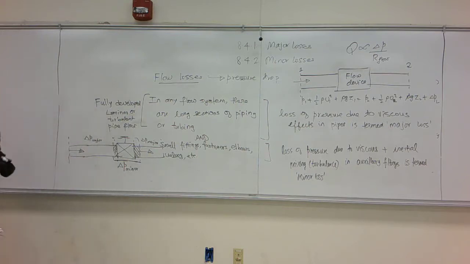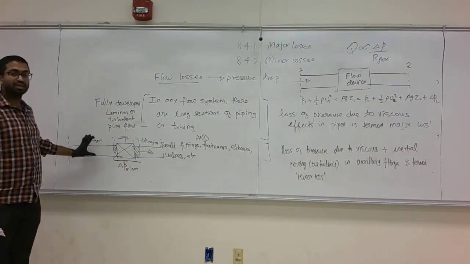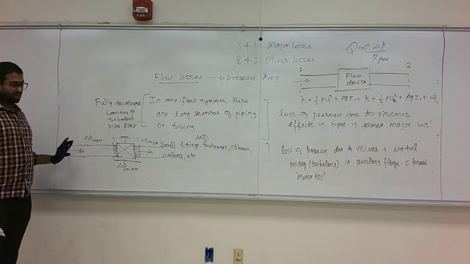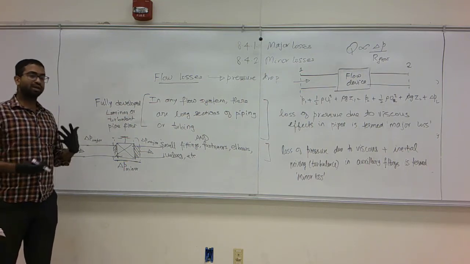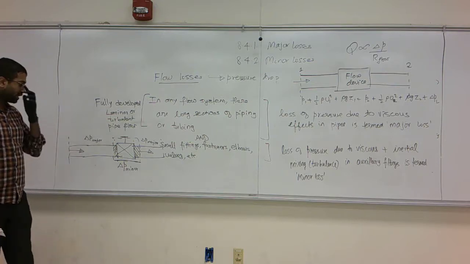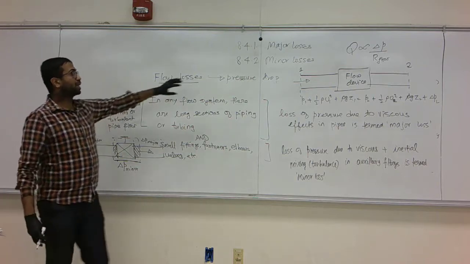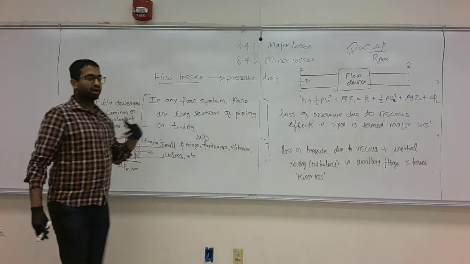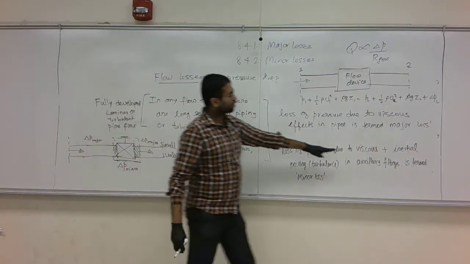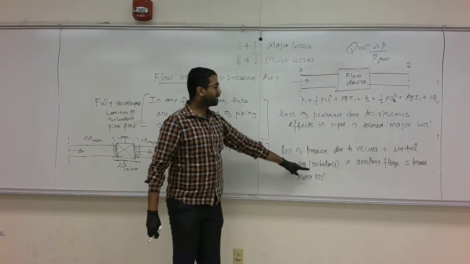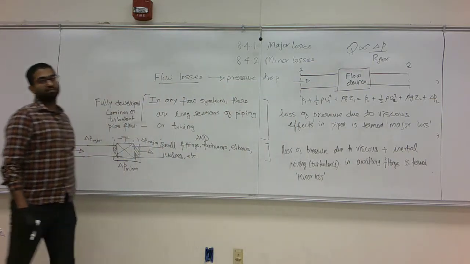It's called a minor loss, but that doesn't mean it's less. It is just that we have something systematic which we attribute as major loss, and something erratic or not so easy to predict, we call it a minor loss. Okay? Both are important. Don't go by the words major and minor. It's just a name. So the loss of pressure due to viscous and inertial mixing or turbulence in auxiliary fittings is termed as minor loss.